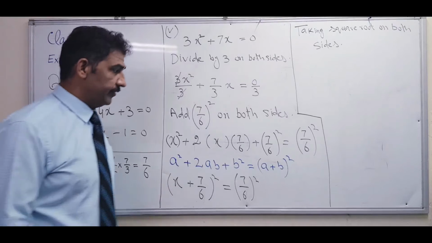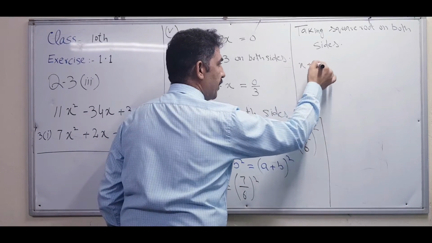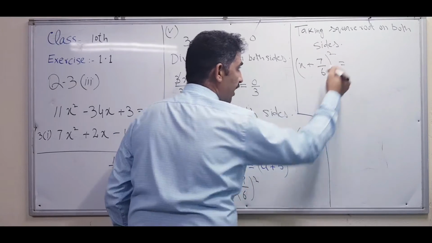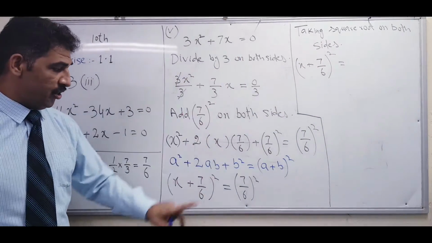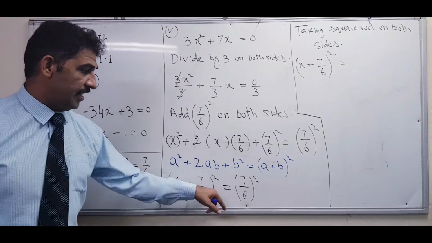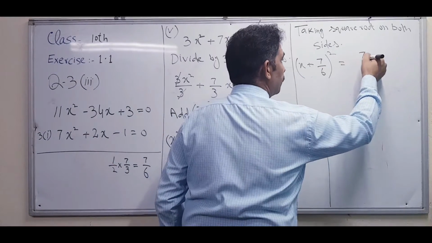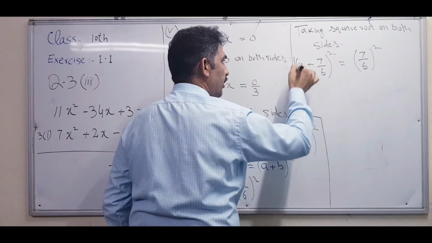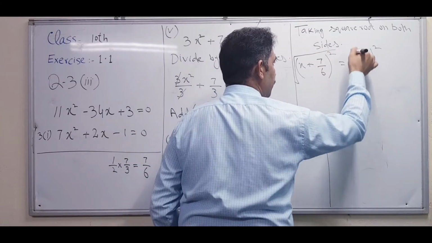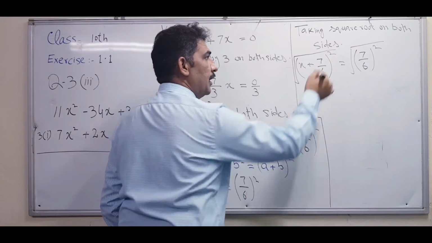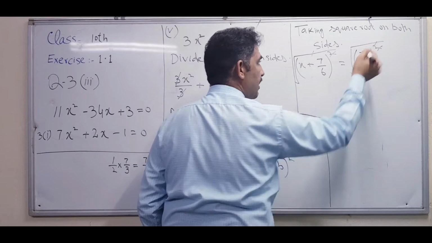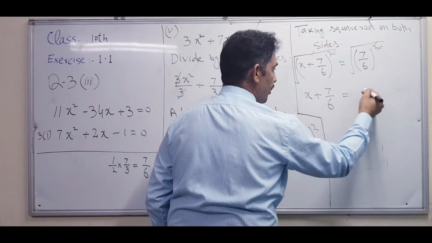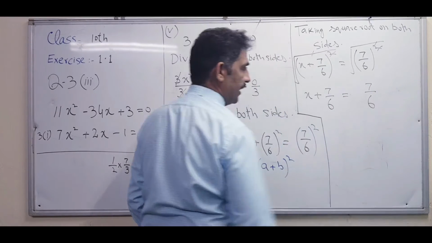What is the left hand side? X plus 7/6. If I make a mistake in writing or shifting from there to there, then you will have to mention it, okay? And 7/6. Taking the root here and also taking the square root here. Here it cancels, here it cancels. X plus 7/6 is equal to 7/6. Is it okay?